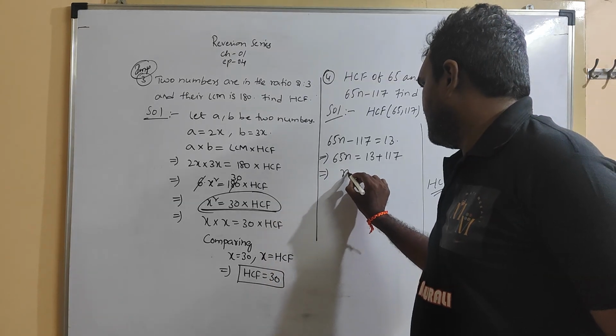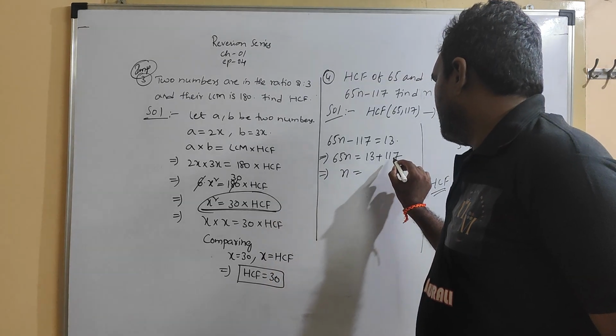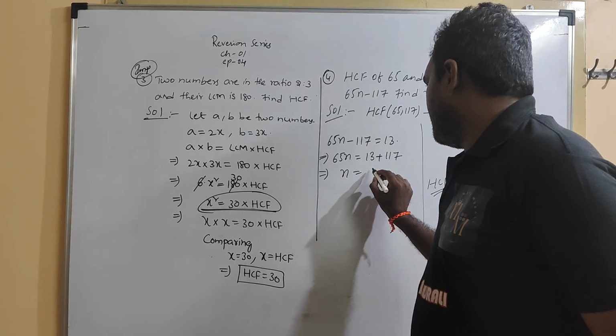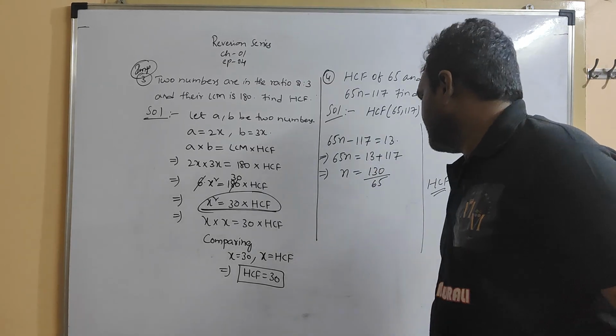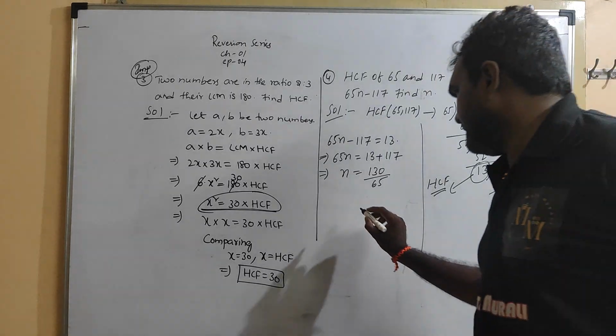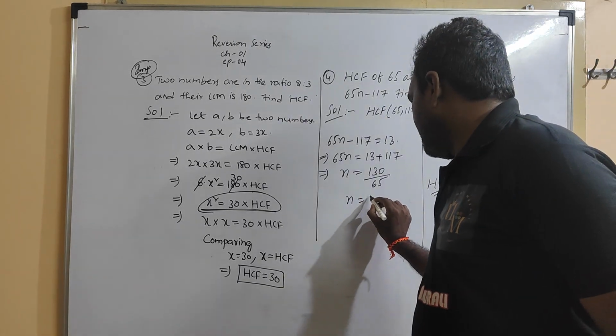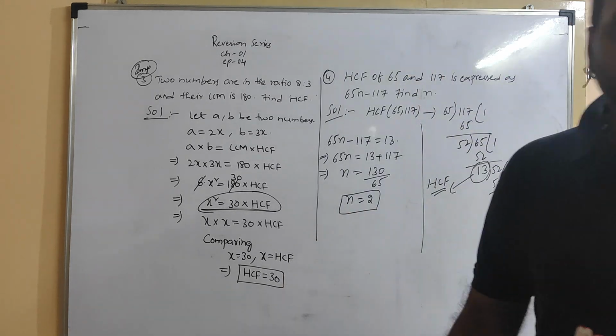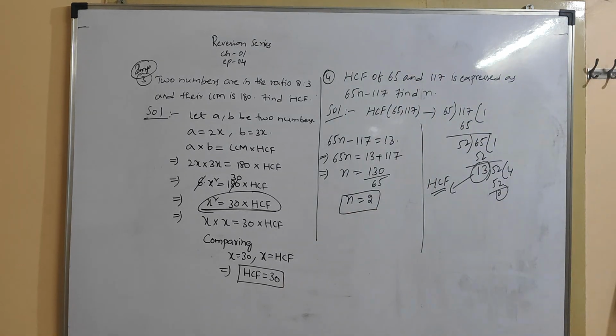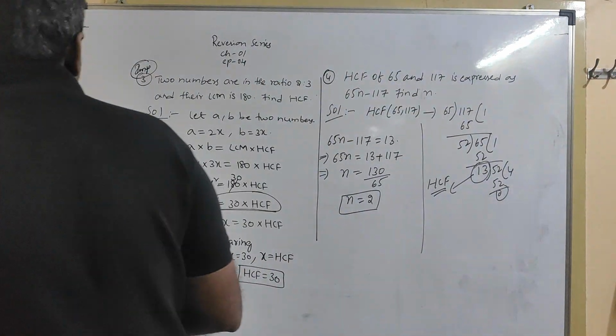This implies n is equal to 130 by 65. This implies n is equal to 2. 65 table, if you cancel out, 65 2s are 130 you will be getting. So n is equal to 2. Am I clear? I think it is clear, right? That is regarding fourth problem.